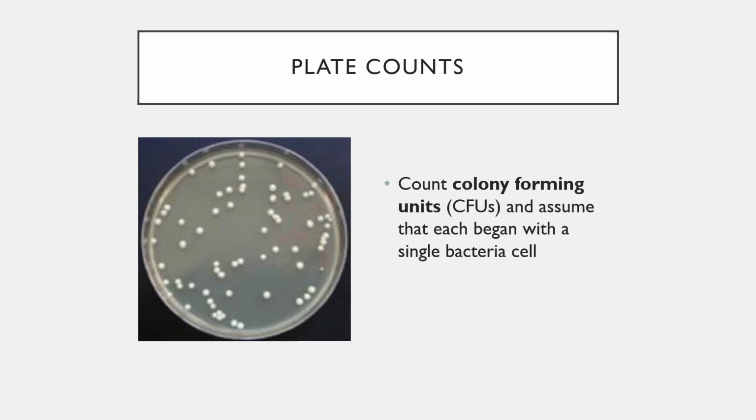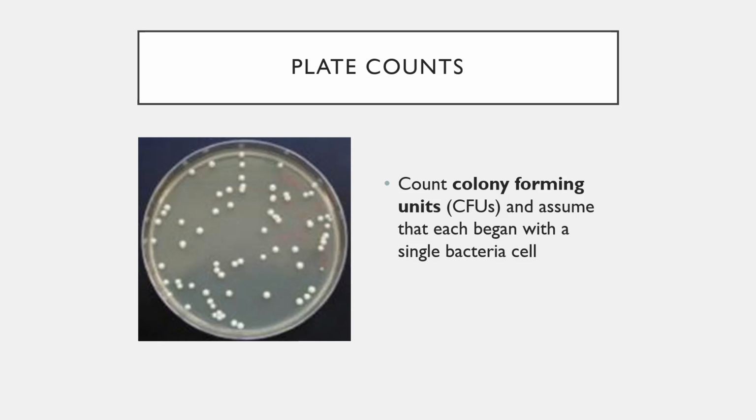After a period of time, we would expect to see what we call colony forming units, or simply colonies, appear on the surface of the plate. Now, each of these colonies does not represent a single bacterial cell. Rather, these represent clusters of hundreds of thousands of bacterial cells. But we can make the assumption that when the original culture was spread, each CFU is the result of where a single bacterium landed and over the course of incubation grew to this visible size.